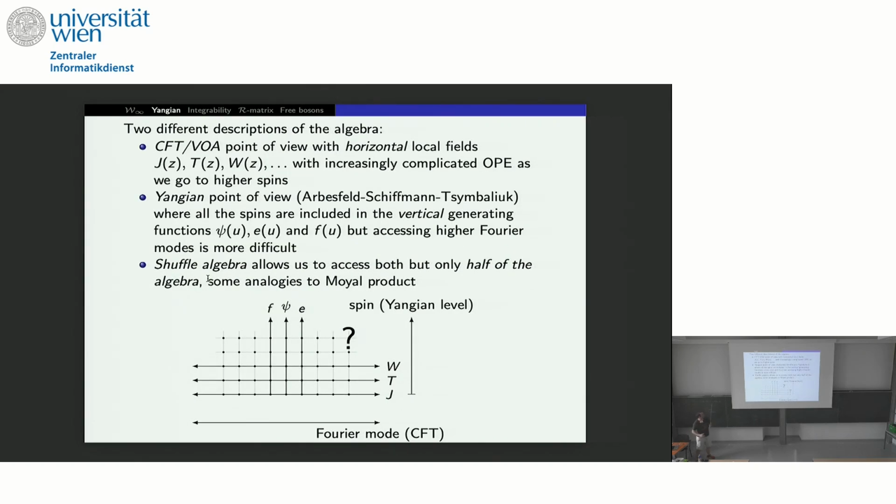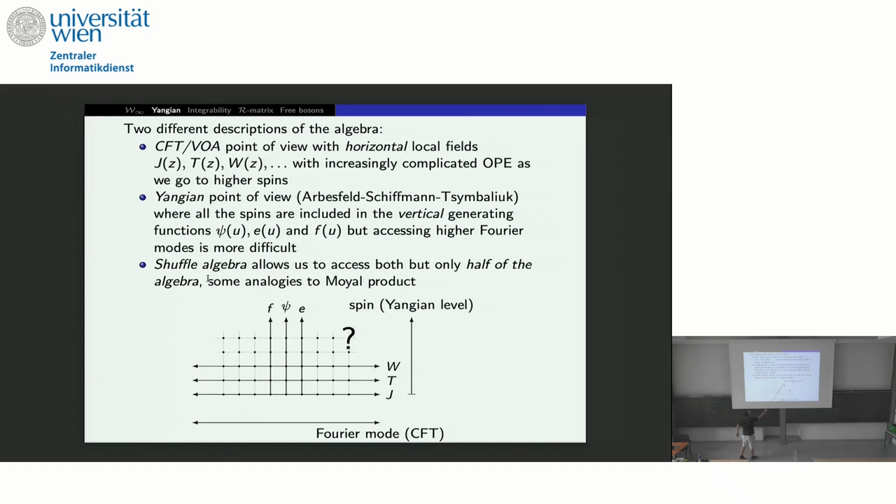Now I have one slide which tries to illustrate how these two pictures are related. The full algebra, at least if you simplify these parameters, can be thought of as having generators labeled by spin and Fourier mode.